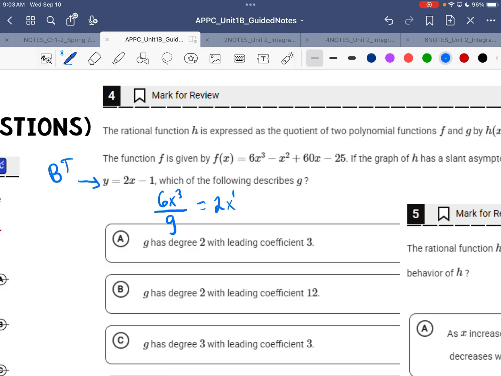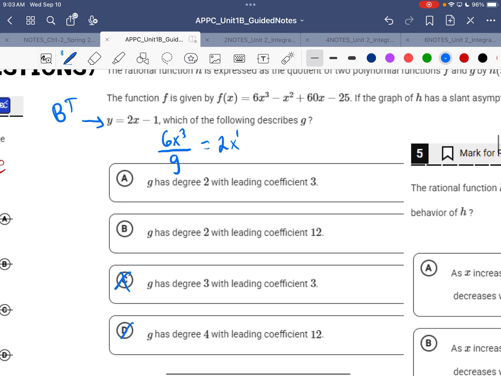So what would the degree of the denominator have to be then? 2. So we can already cancel out C and D. So degree 2. We already know g has to be degree 2. And then in order, what does the leading coefficient have to be to make 6 divided by something equal to 2? 3.